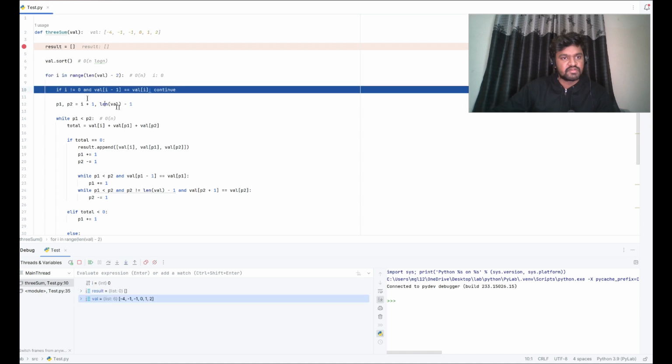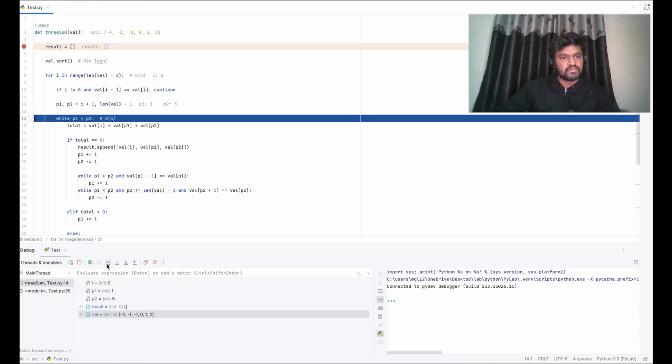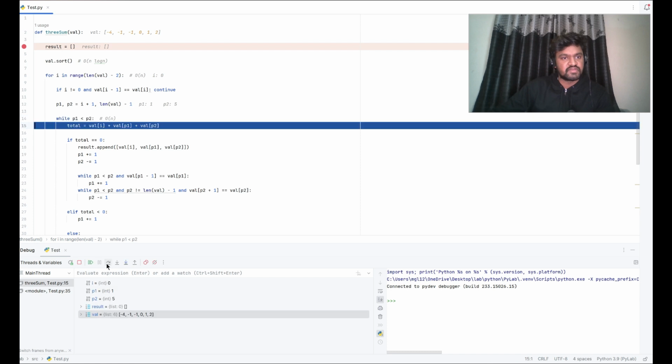Moving forward, the for loop is taking i as 0, and the 0th index is -4. As we saw in our analysis on the whiteboard, -4 won't give any result, so we can move forward quickly.